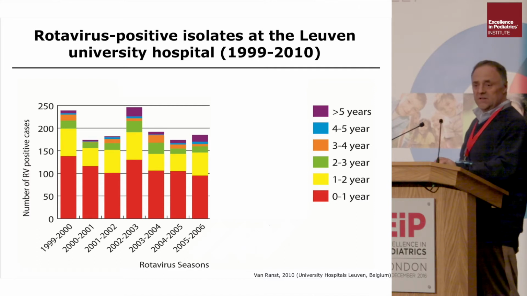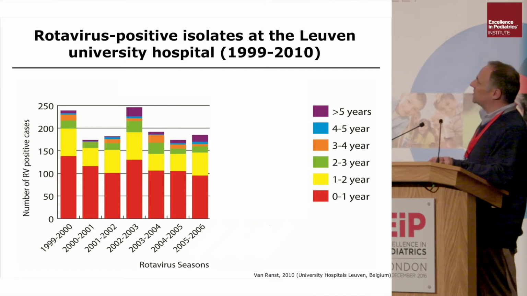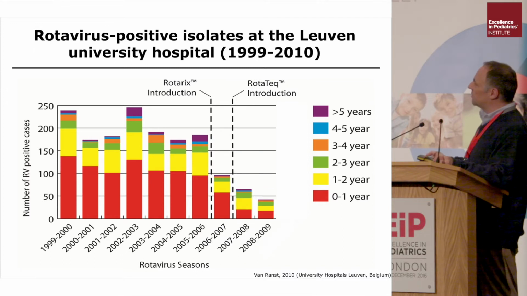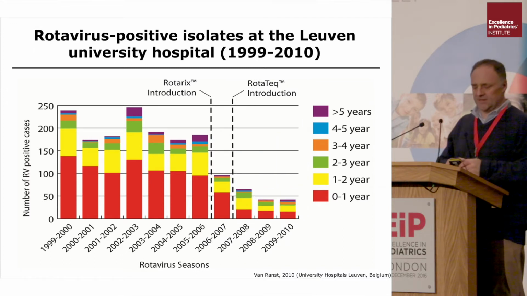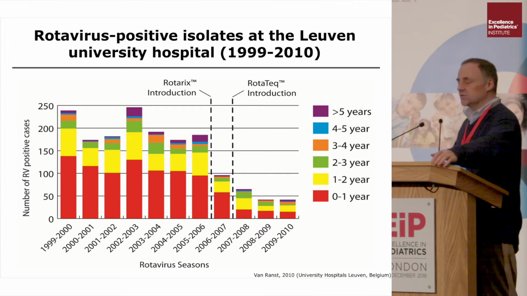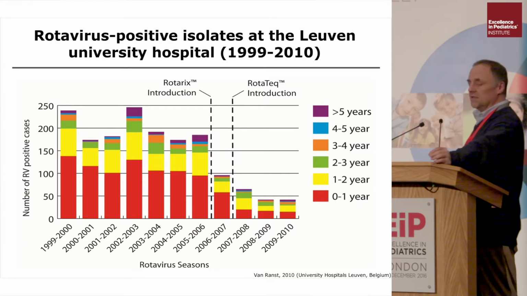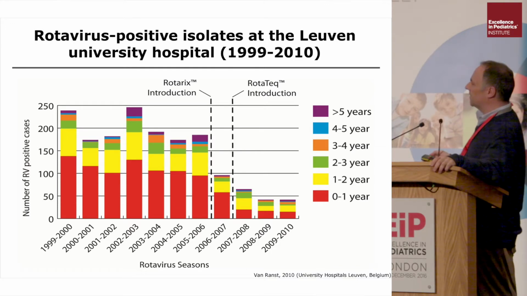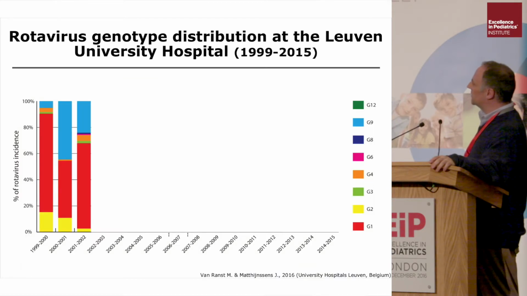That led to an immediate decrease of rotavirus cases in our university hospital. These were the numbers before ROTARIX introduction, and in the years after that, the numbers of rotavirus cases and rotavirus hospitalizations went down dramatically, not only in the vaccinated children, but also in the unvaccinated siblings that were protected because their brother or sister was vaccinated.